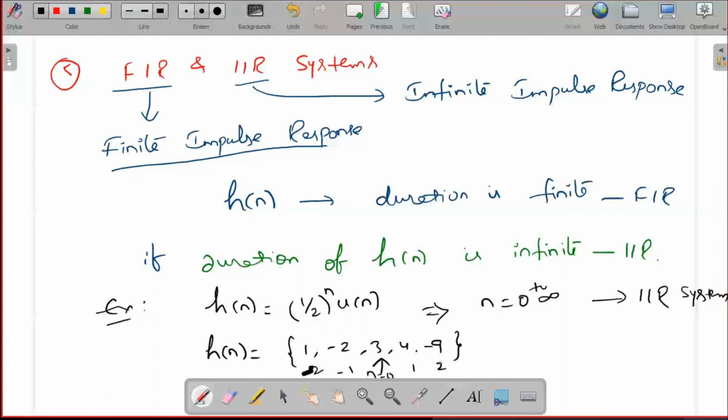The existing duration of the impulse response is only 5 samples, finite. Since the impulse response exists only for a finite duration, the system is called an FIR system. This is completely based on the existing duration of the impulse response. If it is finite, we call it finite duration impulse response. If it is infinite, we call it infinite duration impulse response, FIR and IIR.